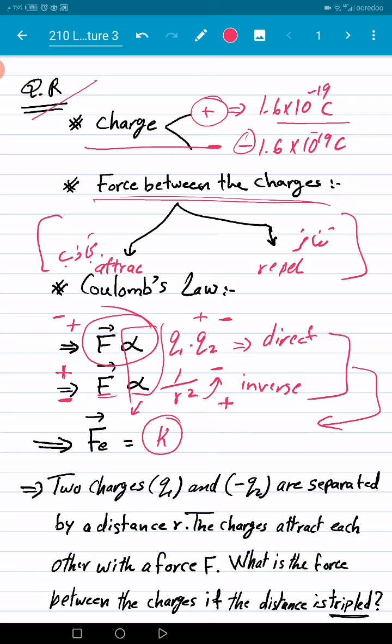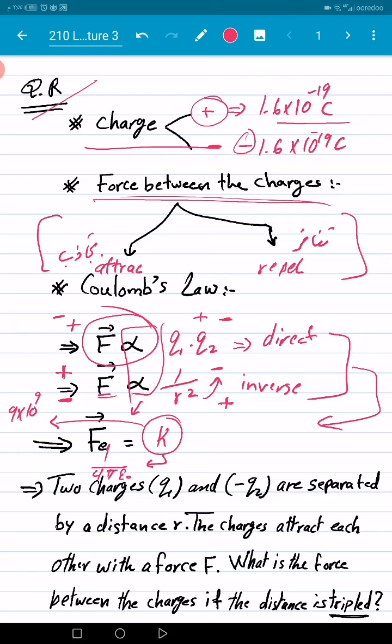The constant is the Coulomb constant, and it equals 9 multiplied by 10 to the power 9 Newton meter square per Coulomb square. And we know this k comes from 1 over 4 pi epsilon naught.